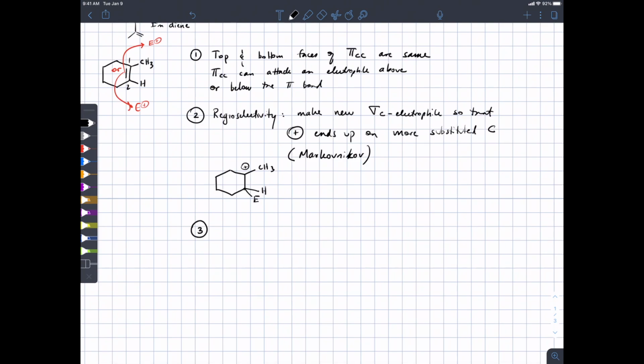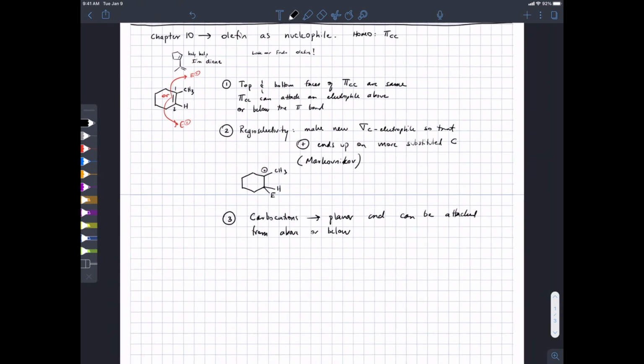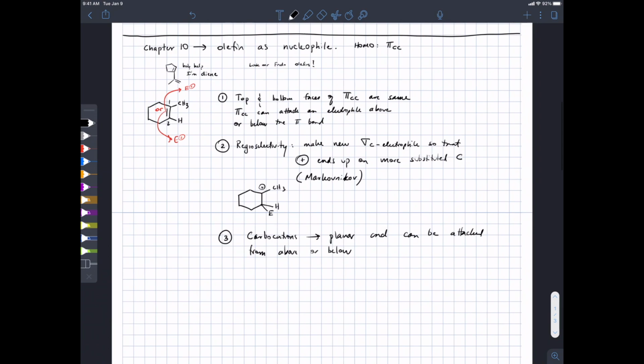Final issue is one that you're already familiar with based on the SN1 reaction. Carbocations are planar and can be attacked from above or below. And that's most of what you need to know for the first couple of reactions in Chapter 10.